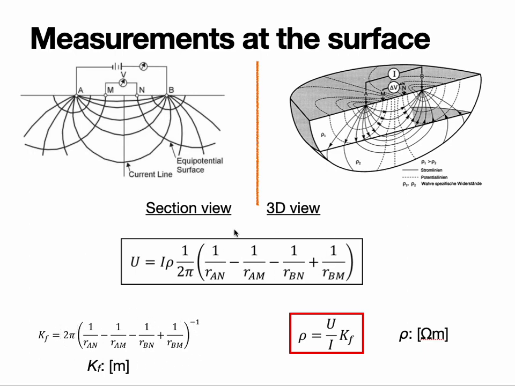It's simply by inverting this expression here, you will end up with 2 pi times this factor here. And this factor is the factor of unit meter we derived in the simpler case just before. So again, this shows you that if this is meter, then the resistivity here will be in unit ohm meters.